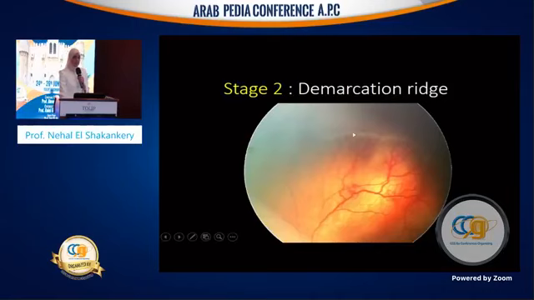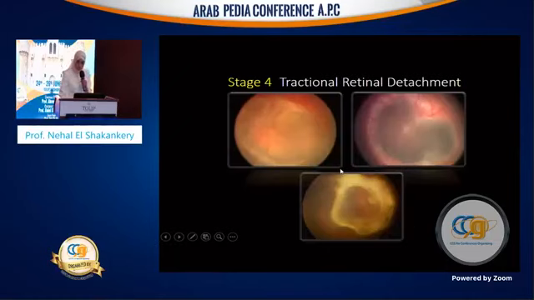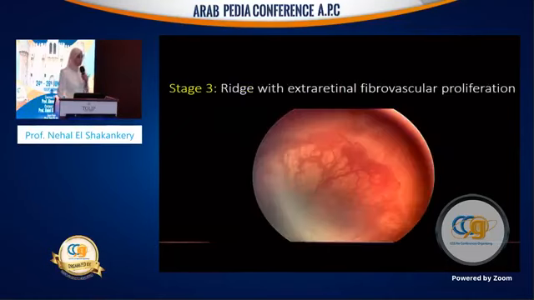The line will increase more and become elevated up the surface of the retina, so it becomes a ridge, the demarcation ridge, or stage 2 retinopathy of prematurity. Now the extraretinal fibrovascular proliferation is above the retinal surface. It's a ridge with extraretinal fibrovascular proliferation, which is stage 3 retinopathy of prematurity.